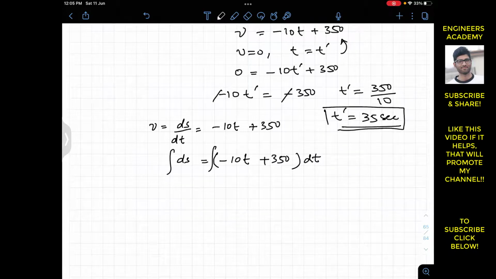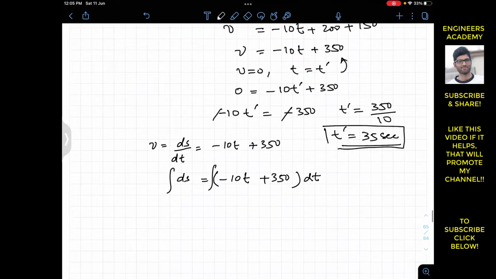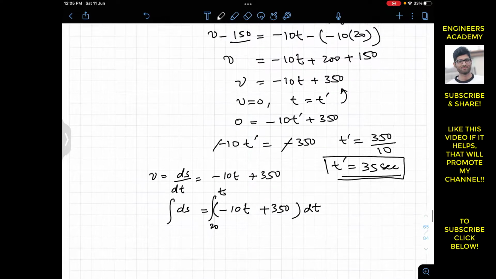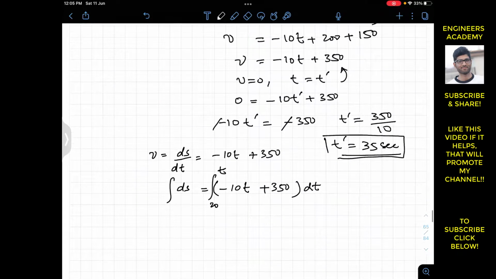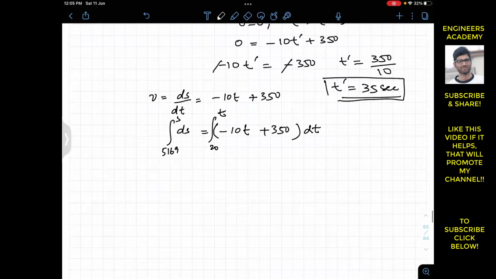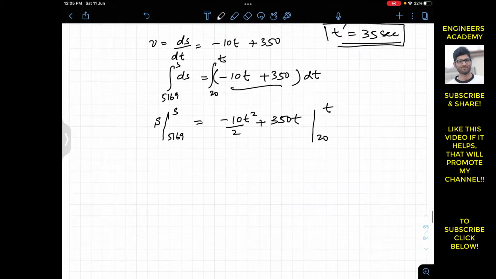Again we have to integrate this, and this integration will be from 20 to t, and when t equals 20, s is equal to 5169. So this is from 5169 to s. So now if we integrate, this will cancel out. Again we will have s, and this is 5169 until s, and the integration of this will be minus 10t square divided by 2 plus 350t from 20 to t.